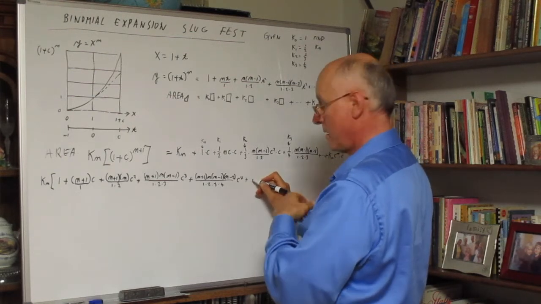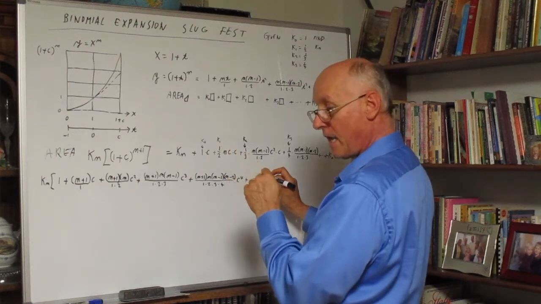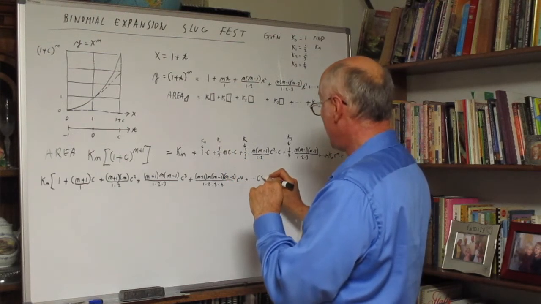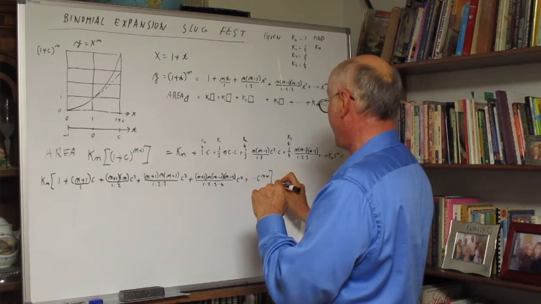Plus, dot, dot, dot. And the last one is c to the n plus 1. Don't forget that one.